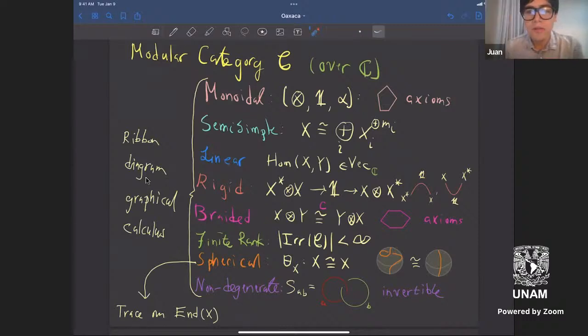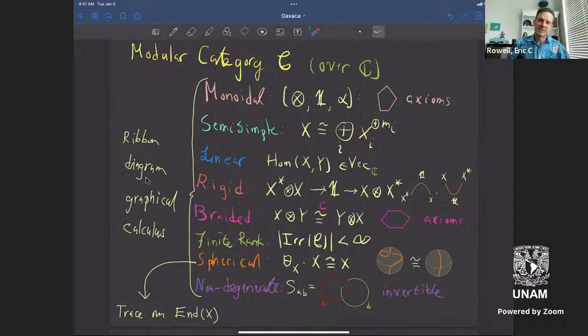Okay. I'm sorry, Eric, could you please say a bit more about the fact that rigidity is more a property than a structure? Yeah, so it's maybe slightly surprising, but what you're looking for is, if you have an object X, another object, which we would call X star, so that certain morphisms exist, going to the trivial object and from the trivial object, in the other order.